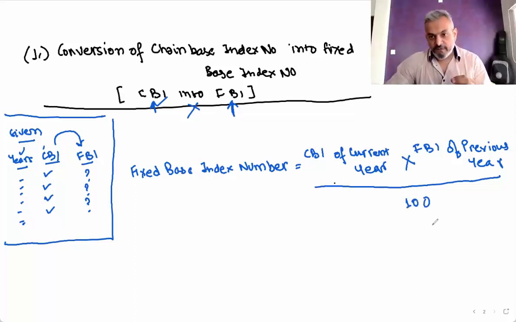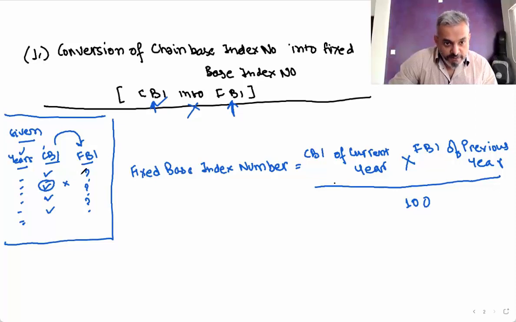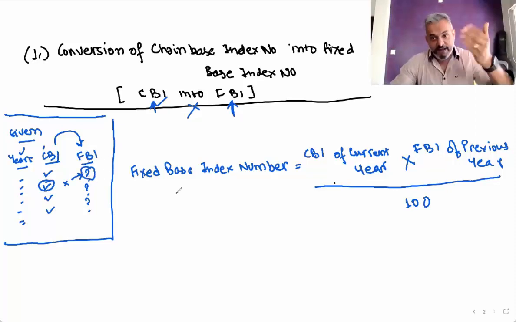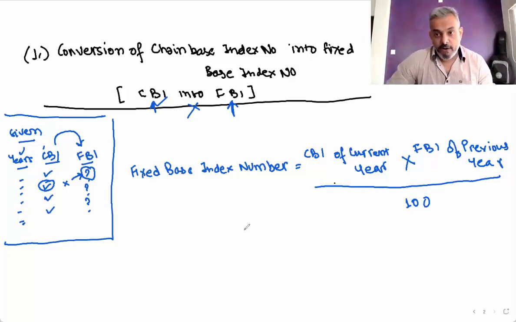So this is the formula. CBI of current year, meaning this is our current year, into FBI of previous year, meaning the FBI of the last year, upon 100. Now please write it with me.